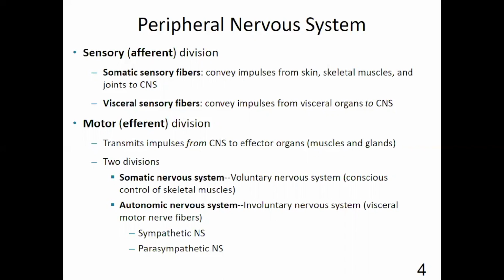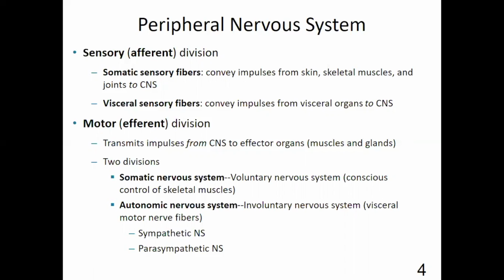The efferent division can be further subdivided into the somatic nervous system and the autonomic nervous system. The somatic nervous system is the voluntary nervous system. So that is our conscious control of skeletal muscles. The autonomic nervous system is involuntary.